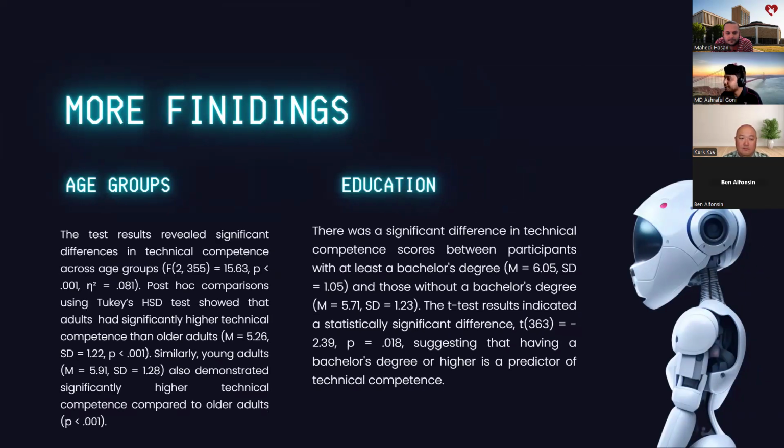Yes, now we also do find some statistically significant differences in our data set. For example, age groups. We find that young adults demonstrated significantly higher technical competence compared to older adults, and it has a great impact.